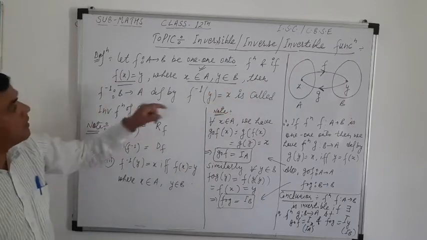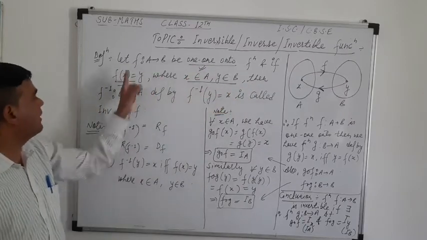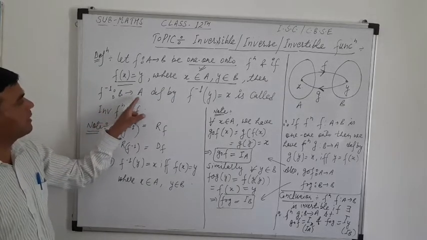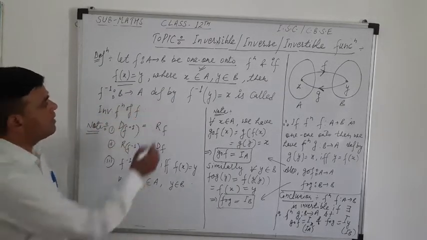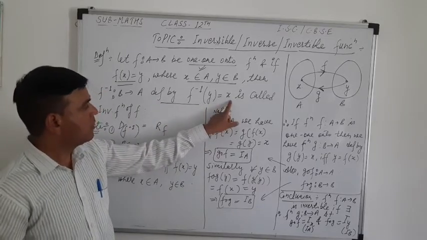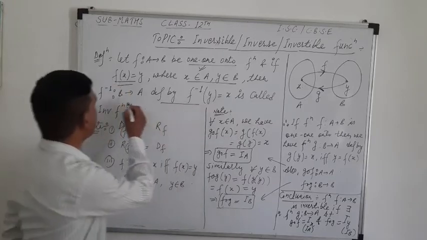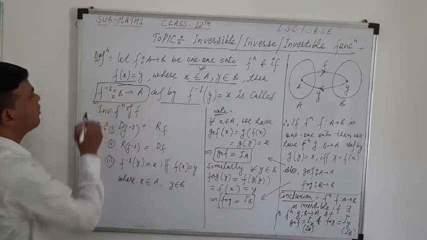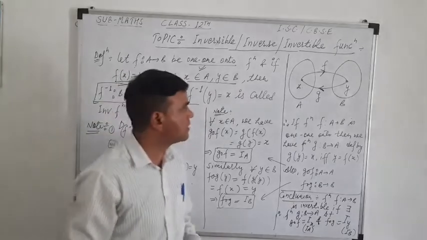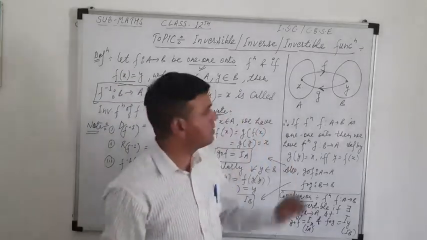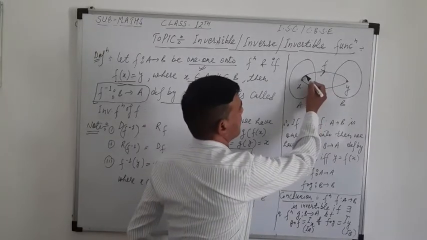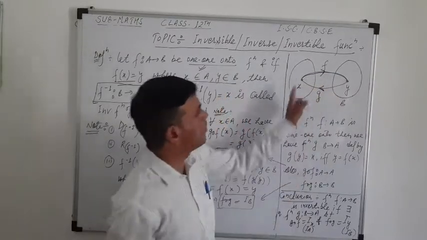Then the inverse of this given function f is denoted by f inverse such that B tends to A, defined by f inverse of y is equal to x, and this is called the inverse of the given function f such that A tends to B. From the figure we can easily understand this. f is connecting x with y from left to right.